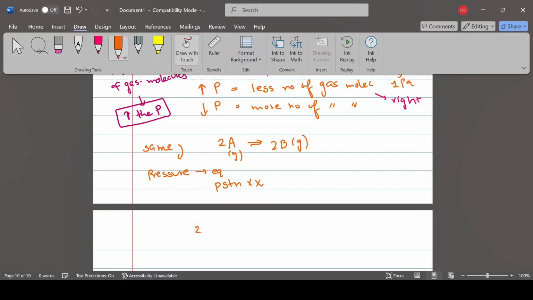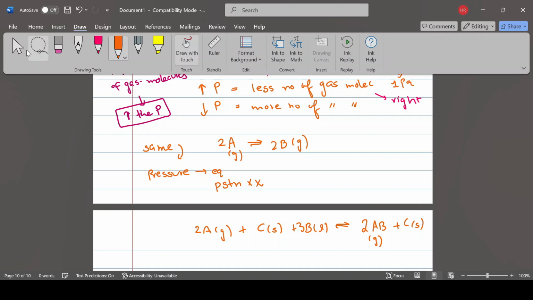And now let's say, for example, what happens when there are solids or liquids also present in the equation. Let's say C is a solid and B is a liquid, and it is forming 2AB plus C. C is a solid and AB is a gas.